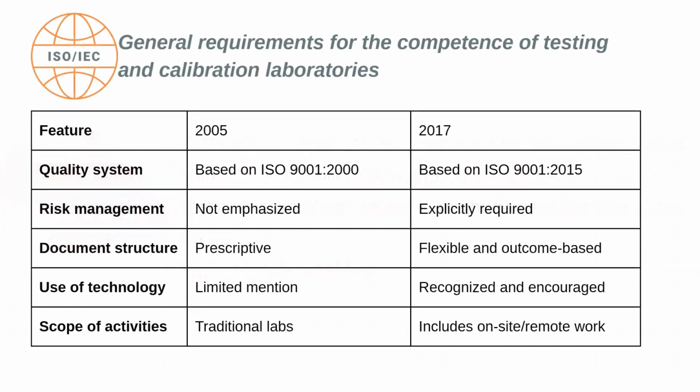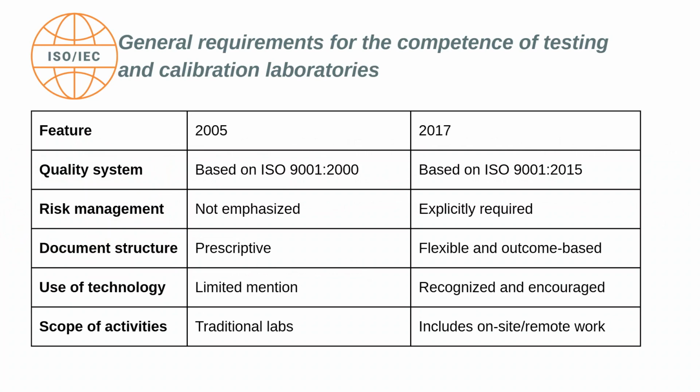A very important thing that we are supposed to know is the difference between the earlier version and the current version. This ISO 17025 was introduced in different versions. The one which was very familiar was ISO 17025:2005, the earlier version.